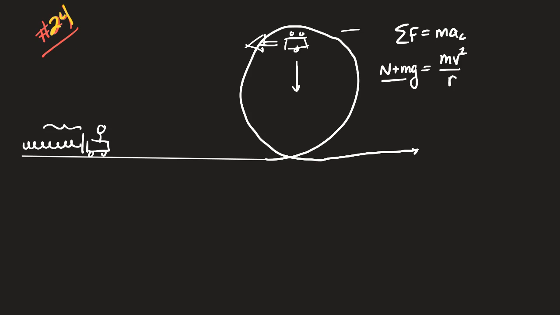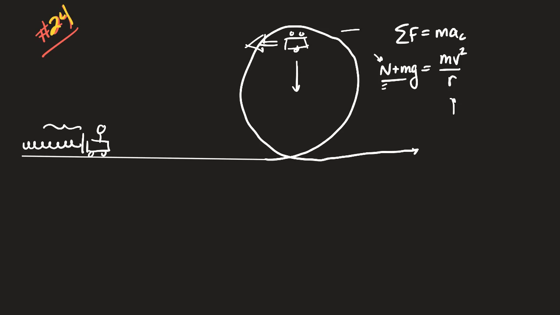But the track, this part, is less and less necessary to make me travel in the loop. Meaning mathematically, just the math part, if the velocity is getting smaller, on the left side, the normal force is getting smaller because the weight isn't changing.